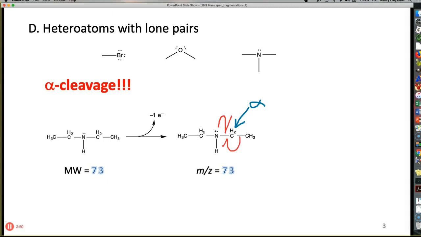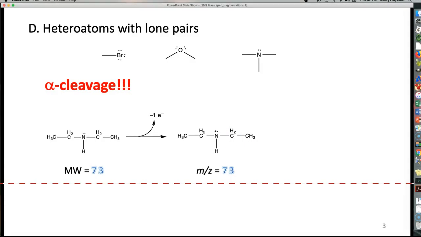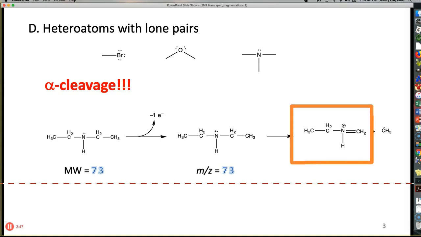So these two red arrows are saying we're going to link up and make a new bond. And this green arrow is saying I'm going to spit out a methyl radical. So the result of this alpha cleavage is that I end up with this charged fragment, which is detected, and this methyl radical, which is not detected.